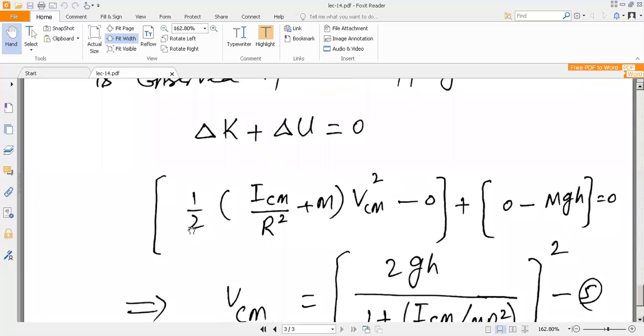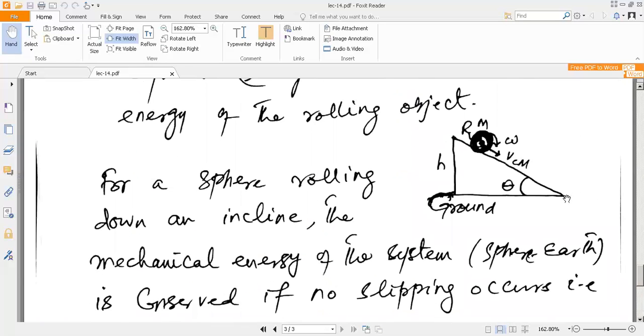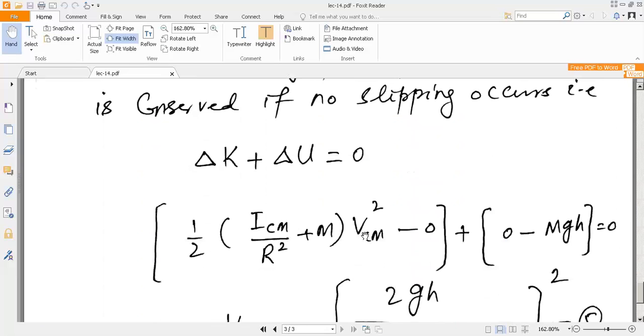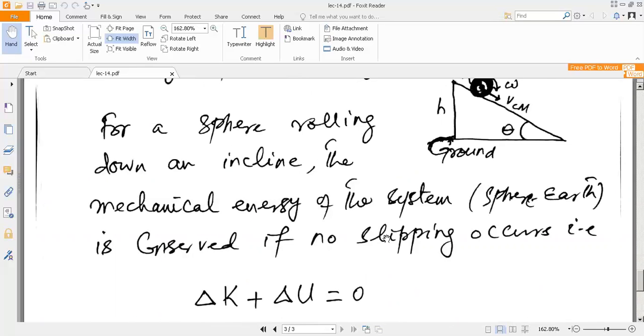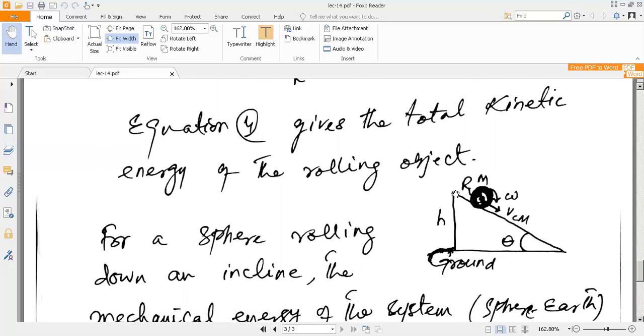So this is the kinetic energy at the final moment when the object is reaching this point. As at this point, the translational speed of center of mass is 0, this factor will be 0, and there will be no kinetic energy at this highest point.